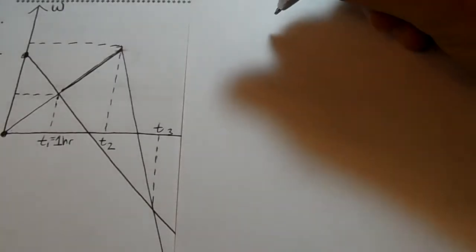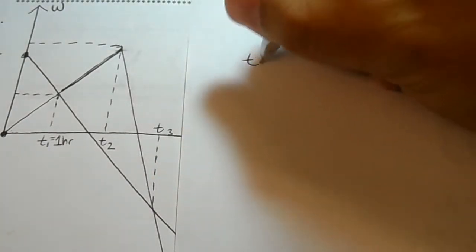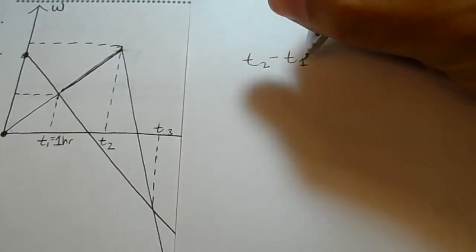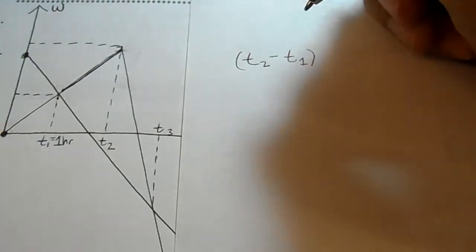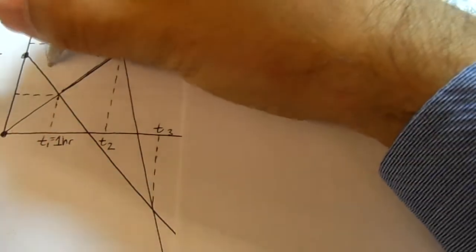There we go. Okay. Now, I need to find the difference between T2 and T1. So what I know is that in the time T2 minus T1, traveling still at her original 70 mile per hour speed, Meg here, this one is Meg and this is John.